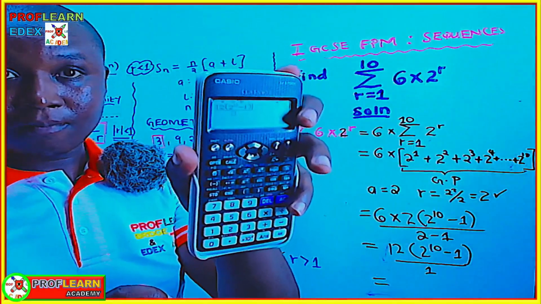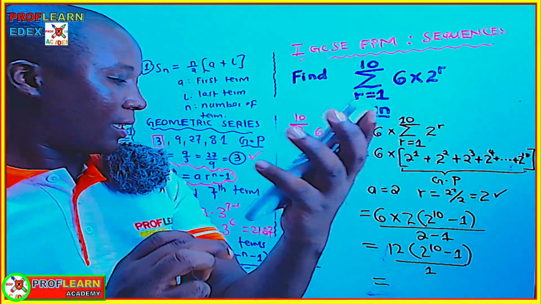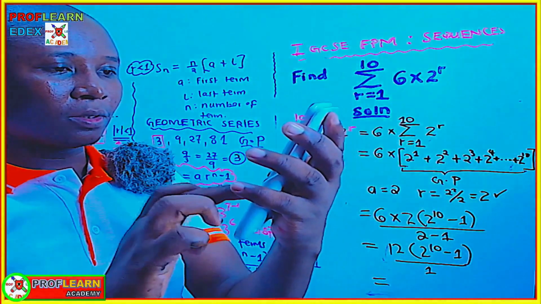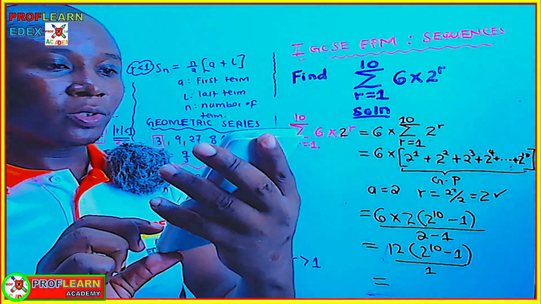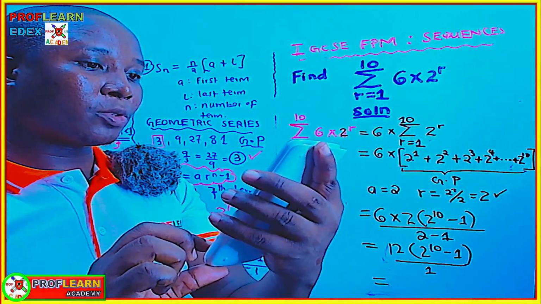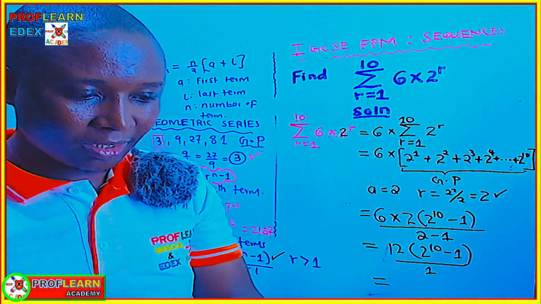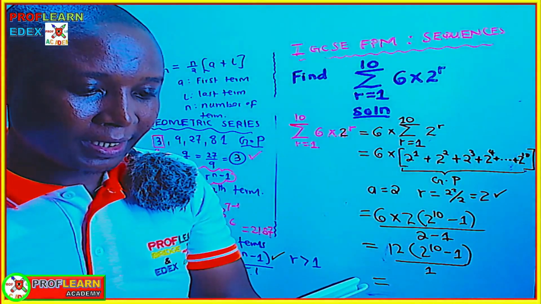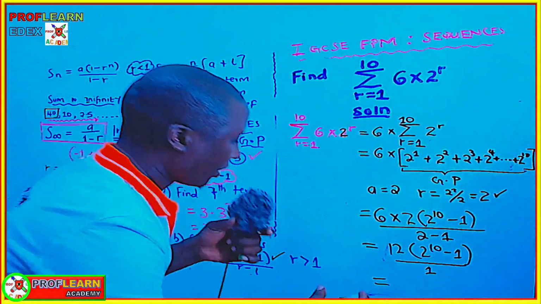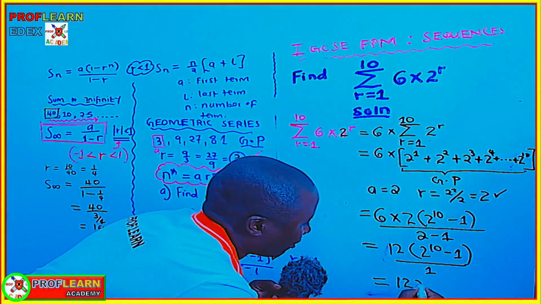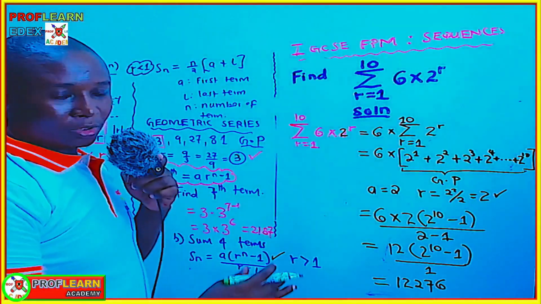Then down over 1. So ensure you put the information in the calculator properly, so that it can give you the correct answer. So my answer becomes 12,276 as the summation to that.